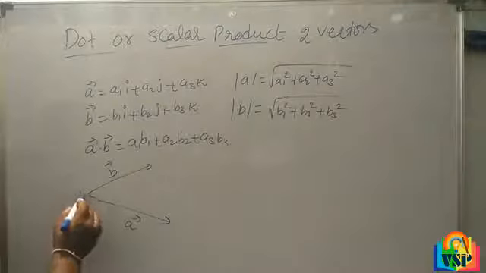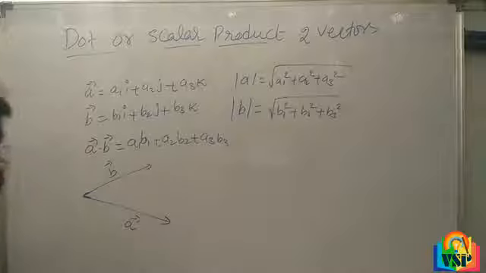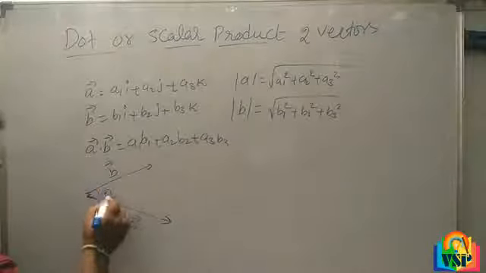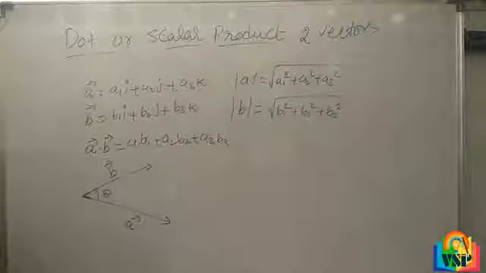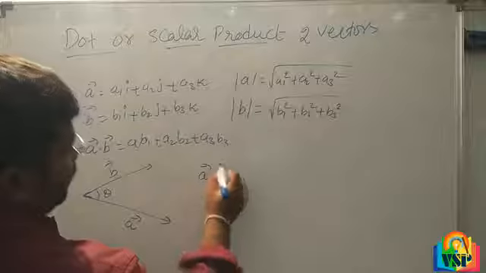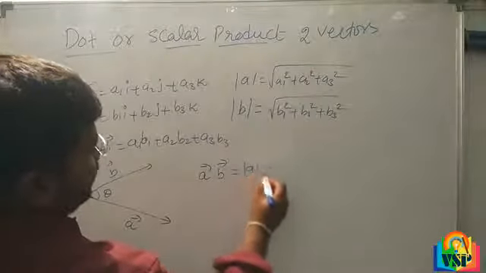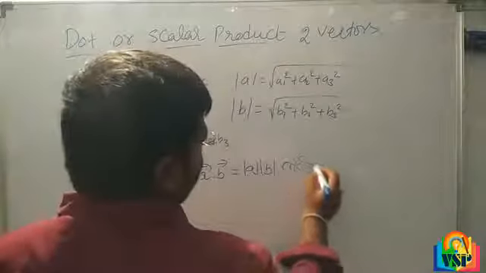So by using this dot product, we can find the angle between them. How can we get it? A bar dot B bar is equal to modulus of A, modulus of B, cos theta.